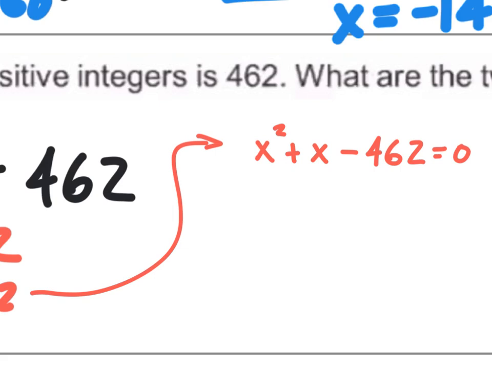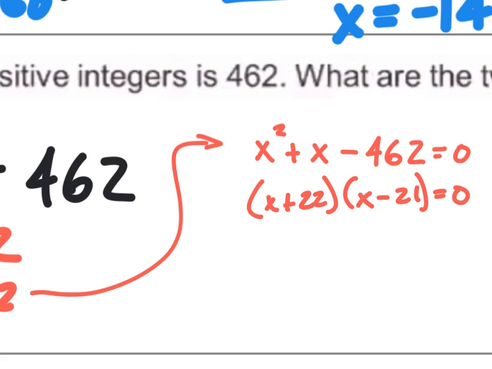All right, so after a little bit of work, I found that the factors are x plus 22 and x minus 21. If I multiply these two numbers together, I'm going to get negative 462, but if I add them together, I'm going to get positive 1. So then I set both of these equal to 0.